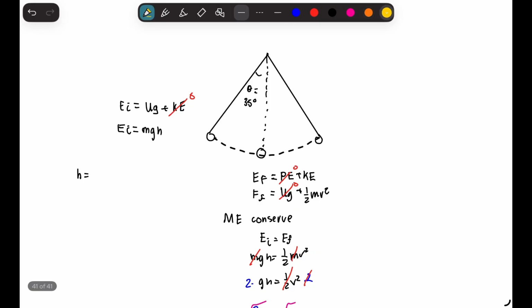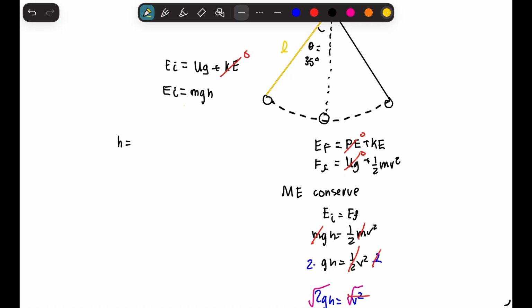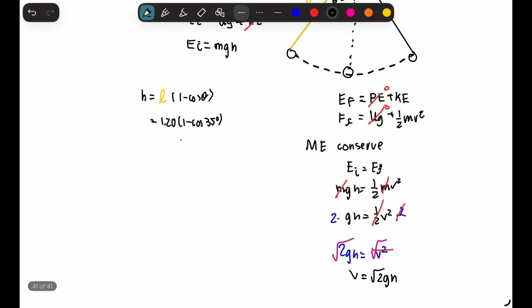We have this is our L. So we have L(1 - cos θ). You're going to have 1.20 times (1 minus cosine 35 degrees). Cosine 35 degrees is equal to 0.819, so 1 minus 0.819, times 1.20. So this is going to equal 0.217 meters.